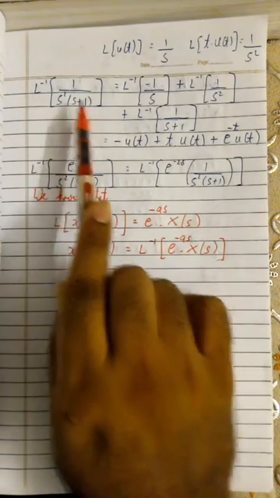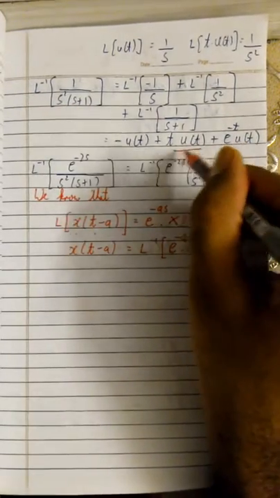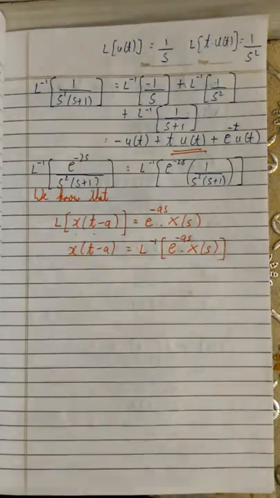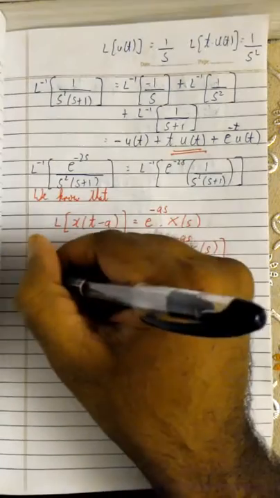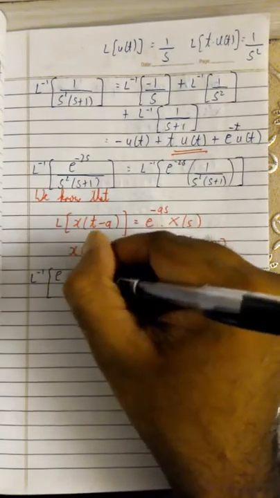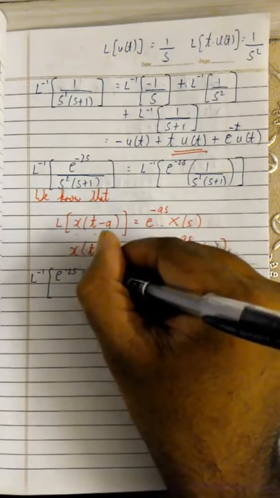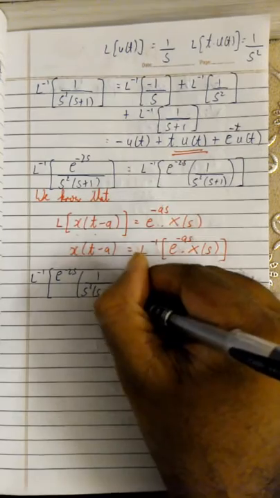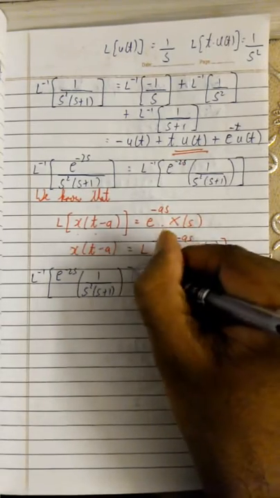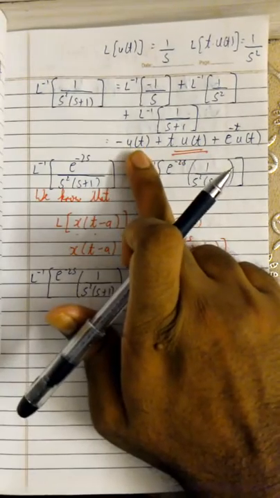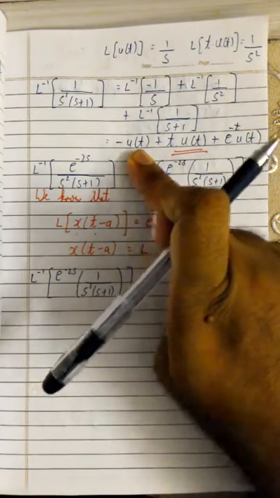That's what is given over here. So the Laplace inverse of e raised to minus 2s of 1 by s square into s plus 1 is nothing but, here instead of minus u of t, replace t with t minus 2.